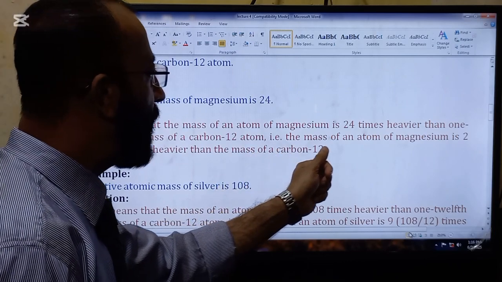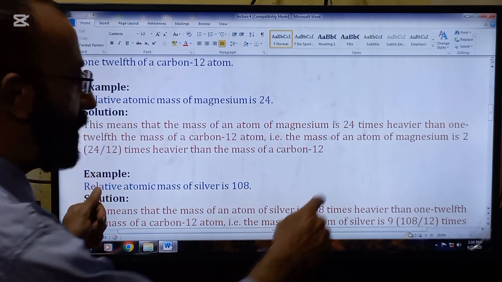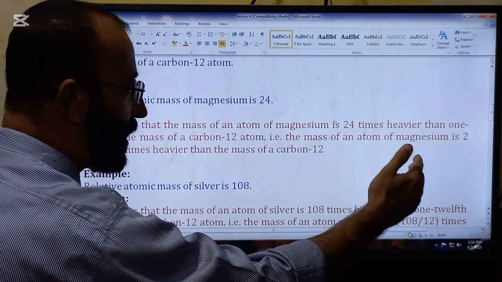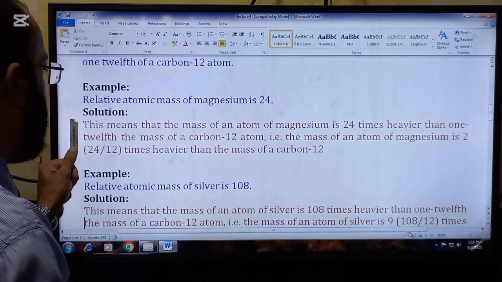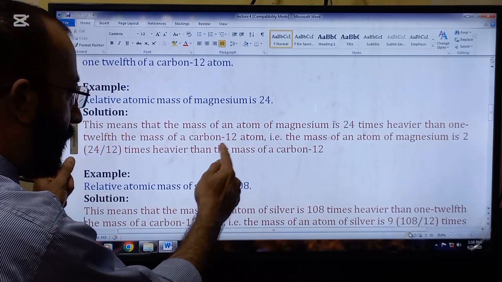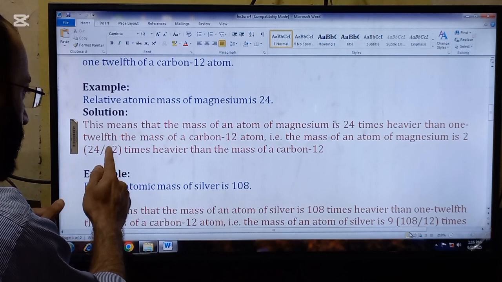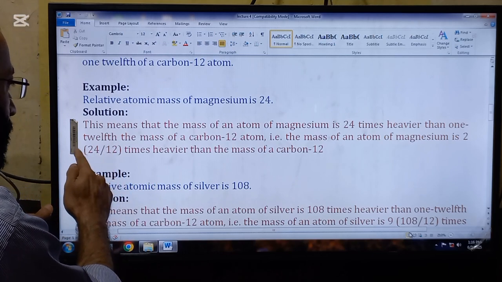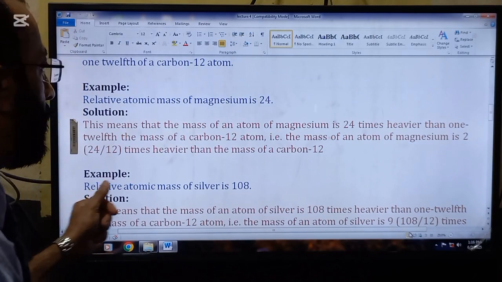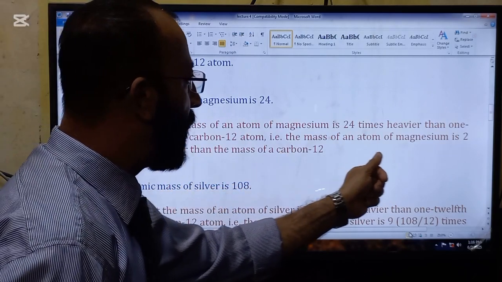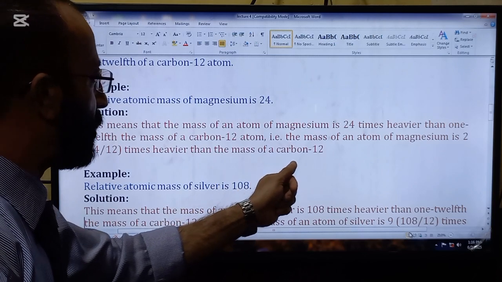That is, the mass of an atom of magnesium is 2 times heavier, and 2 times will be the answer in a way that this mass will be written in the numerator and the mass of the carbon-12 will be written in the denominator. So after cancellation, 12 twos are 24. So this is the answer 2. So the mass of an atom of magnesium is 2 times heavier than the mass of the carbon-12.